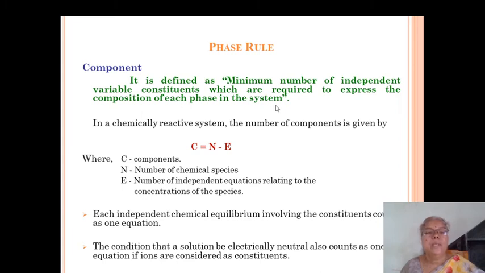phase in the system. In a chemically reactive system, the number of components is given by this equation. Here, C is equal to N minus E, where C means number of components, N is the number of chemical species, and E is the number of independent equations relating the concentrations of the species.